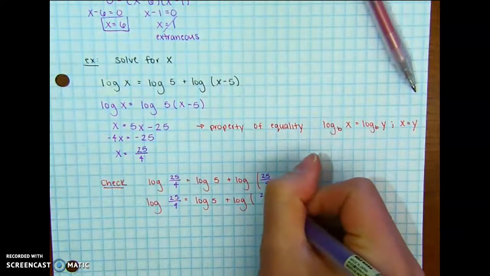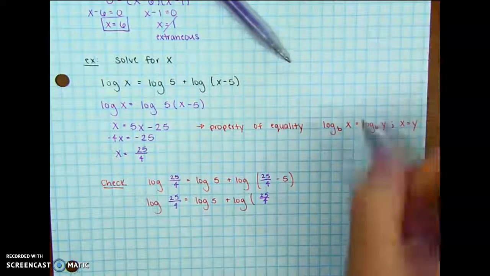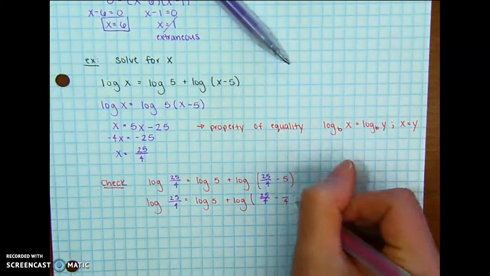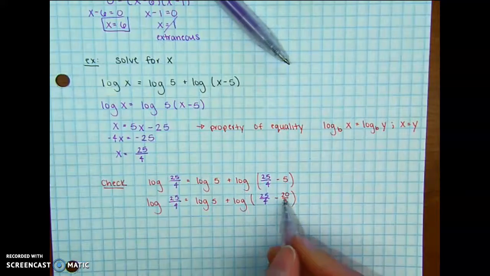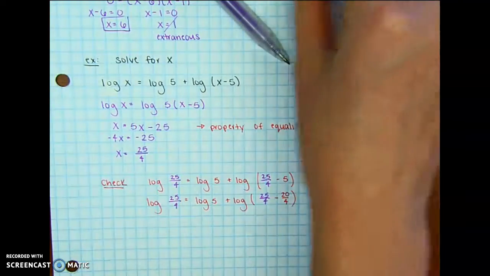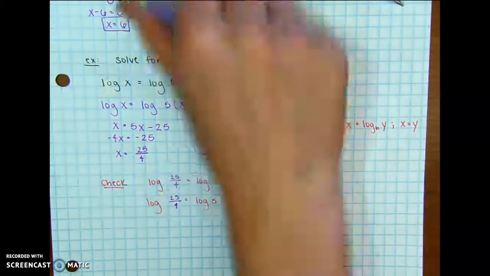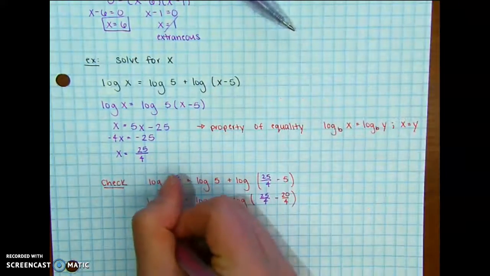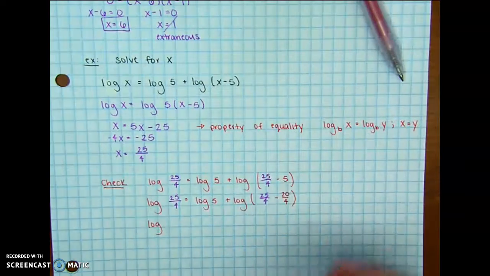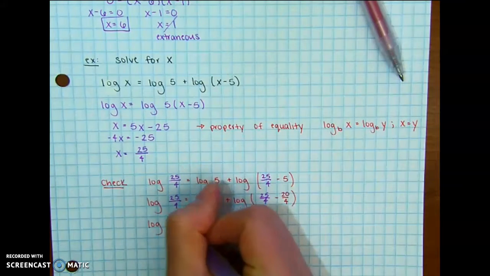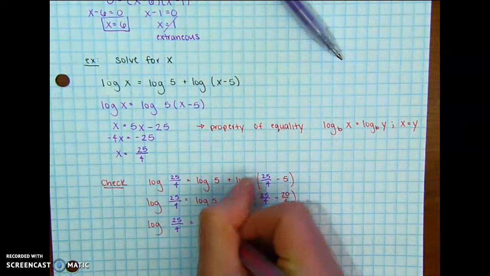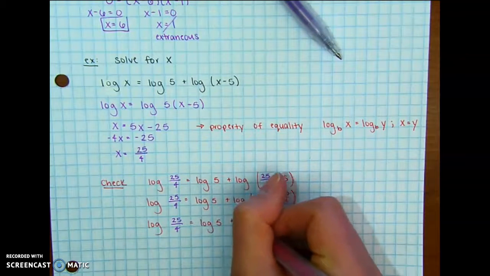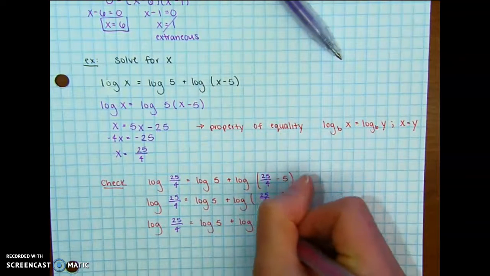I'm going to get a common denominator here. So I'm going to change this denominator from 1 to 4, so that means that this is 20, and 25 minus 20 is 5. So that means I have log of positive 25/4 equals log of 5 plus log of 5/4.